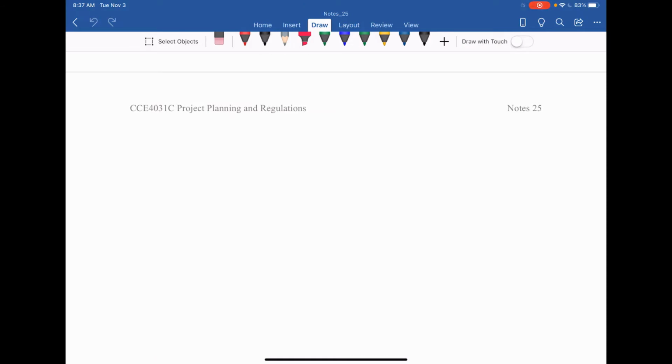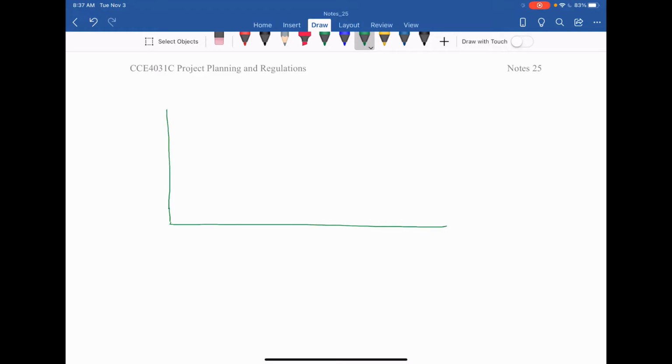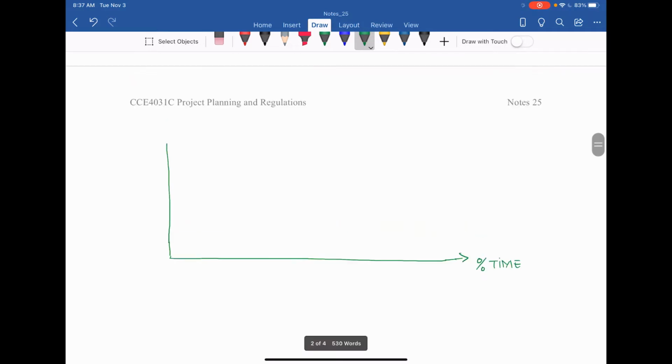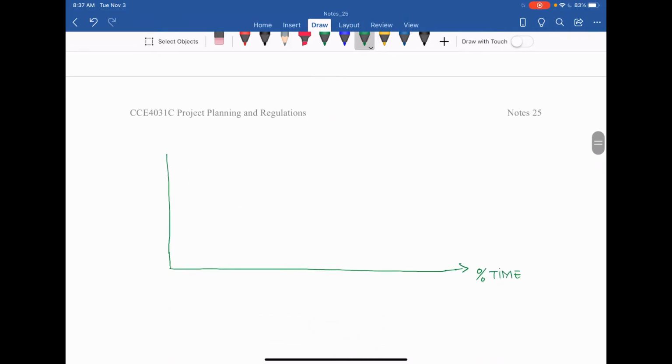So we can draw it in a 2D scale. One axis is the time. In this case, we have percent time, and the problem gives us the percent of time here. And we also have the percent work.